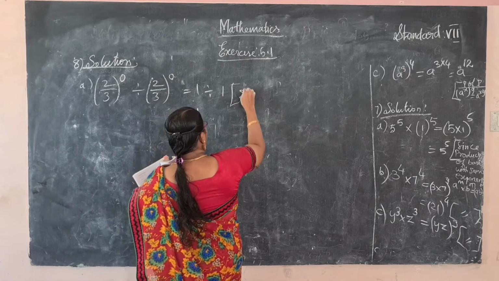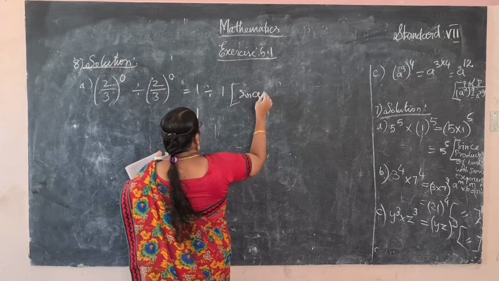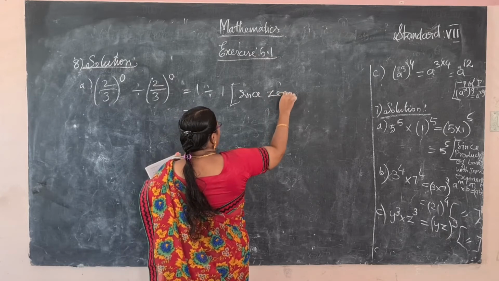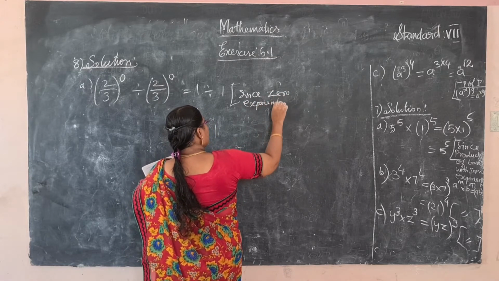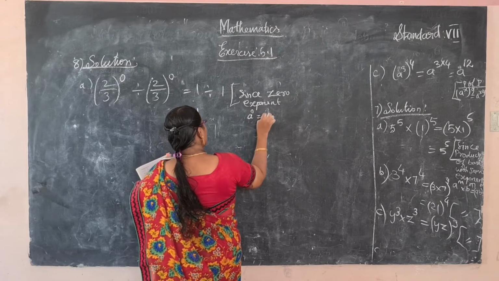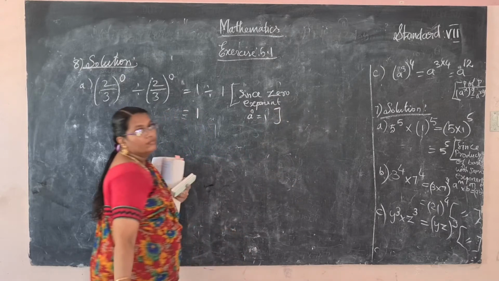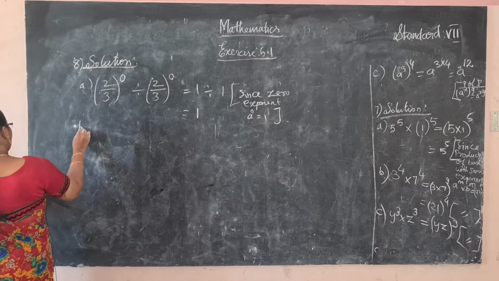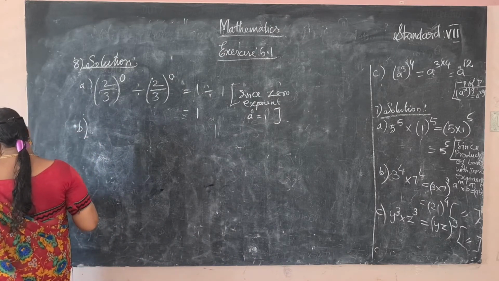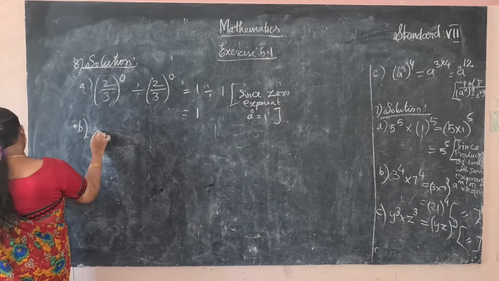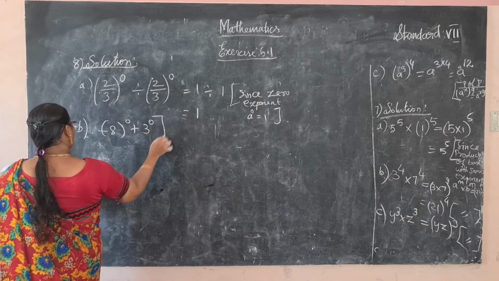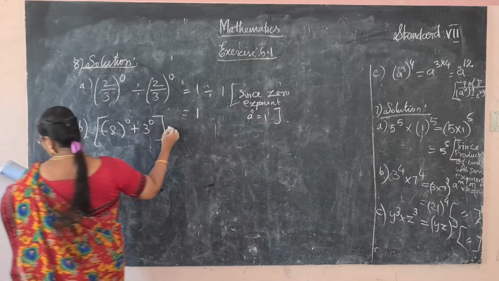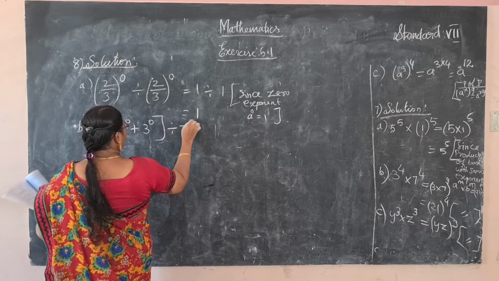Since zero exponent, what is the formula? a power 0 is equal to 1. Okay, right. And b. Minus 8 power 0 plus 3 power 0 divided by 7 power 0.